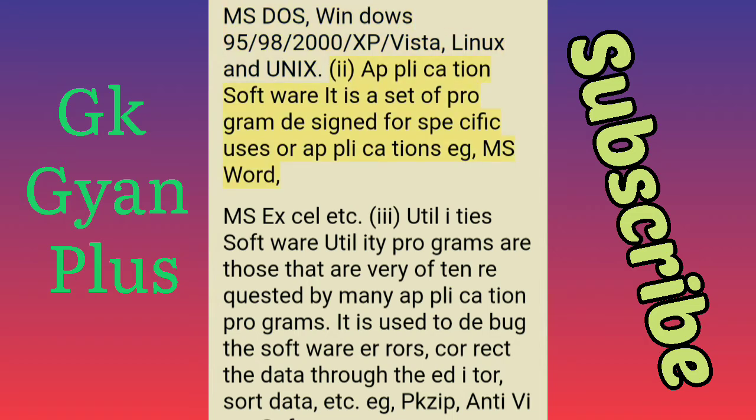It is a set of programs designed for specific uses or applications, e.g., MS Word, MS Excel, etc. III. Utility software. Utility programs are those that are very often requested by many application programs. It is used to debug software errors, correct the data through the editor, sort data, etc.